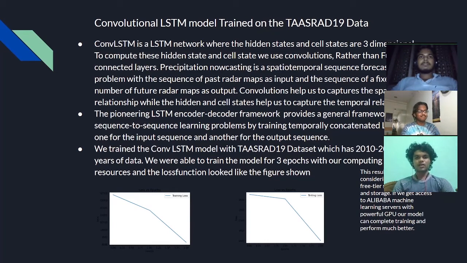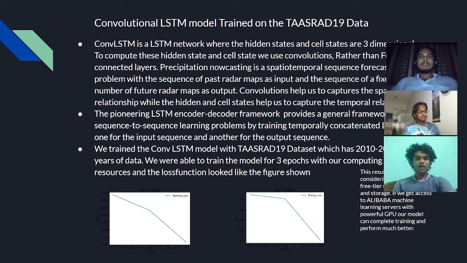Precipitation nowcasting is actually a spatio-temporal sequence forecasting problem, where both spatial and temporal sequences come in. To capture both, we use convolutions to capture the spatial relationship, while we use hidden states and cell states to capture the temporal relationship. This way, we fulfill the spatio-temporal sequence.